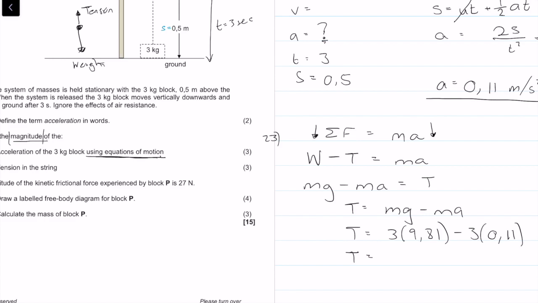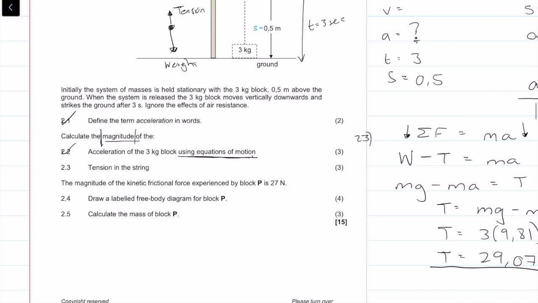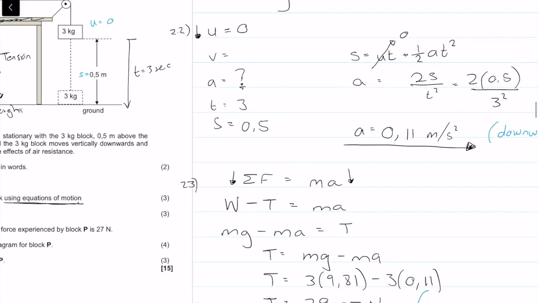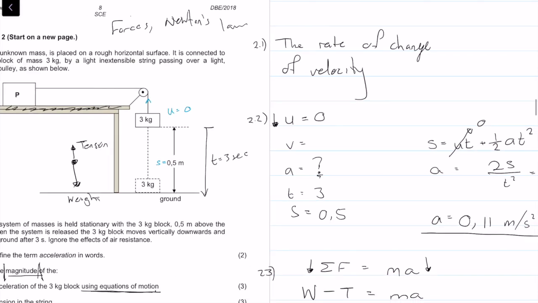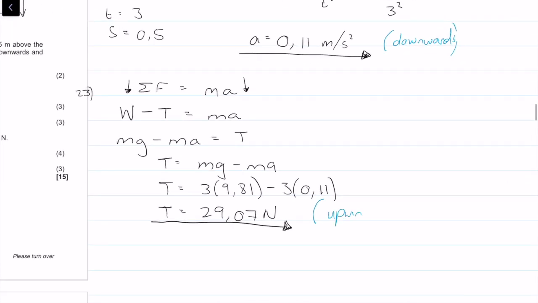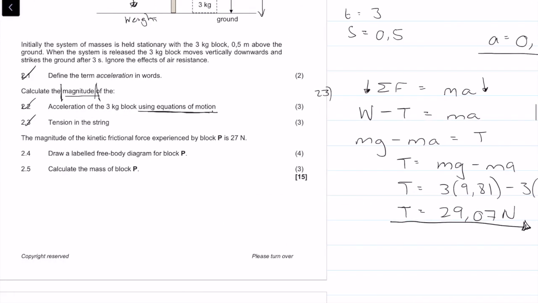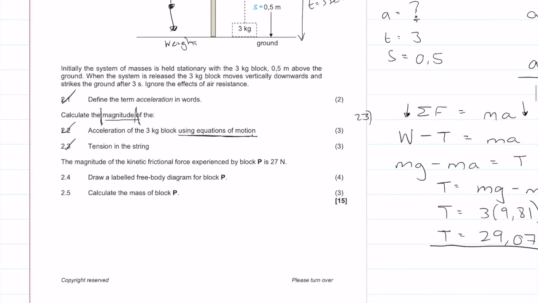So that means my tension, if I plug this into my calculator, I get a value of 29.07 newtons. Okay, and that is the answer for that. Again, it's only the magnitude we care about, but if we wanted it as a vector, the direction for tension for the 3 kilogram block would have to be upwards. Okay, cool stuff. So moving on to the next question.